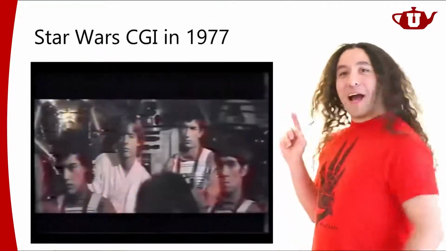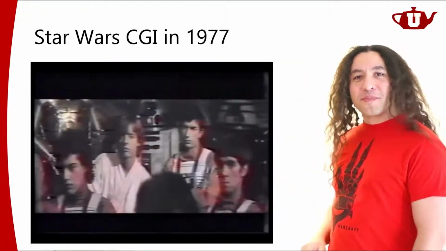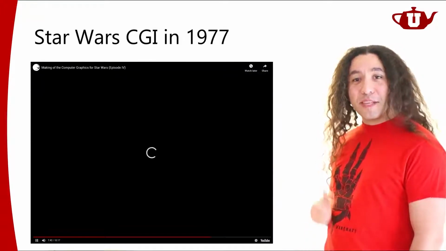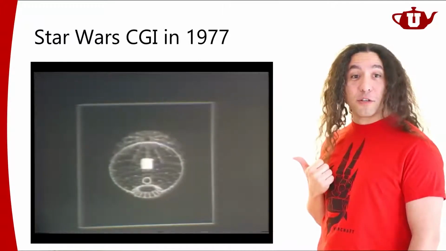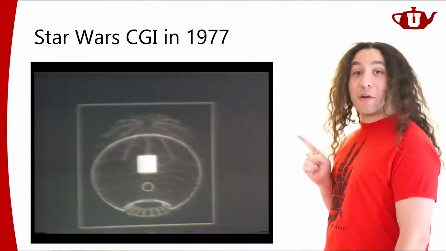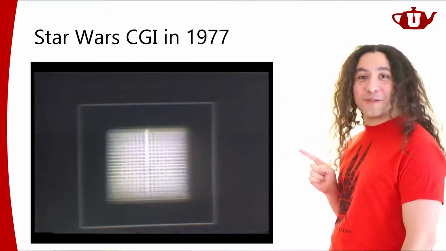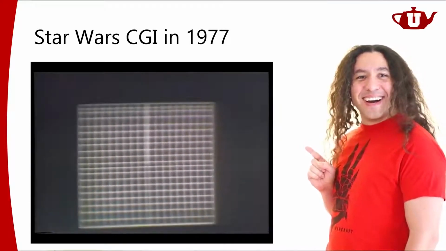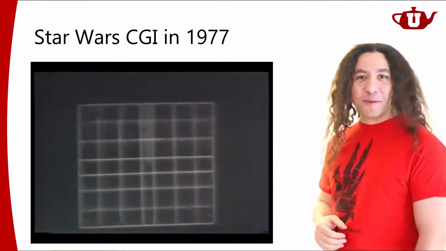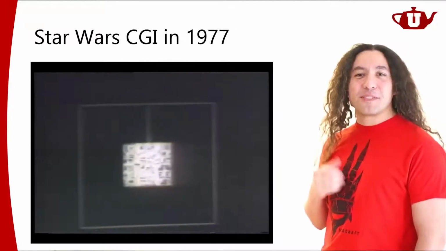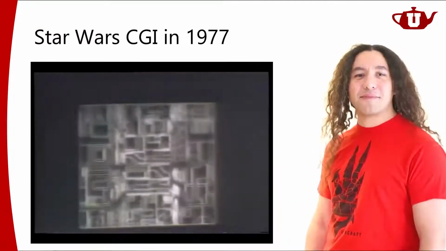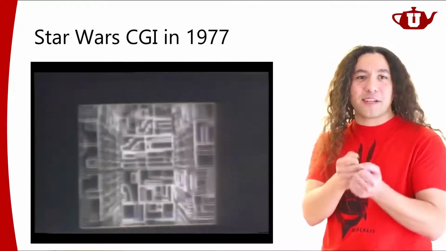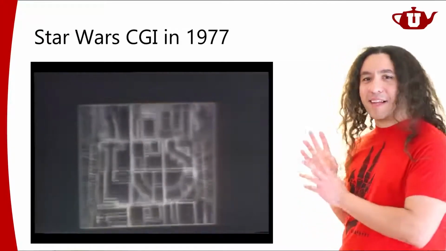All right, so you're not impressed by this. Let me tell you. Two years before, in 1977, Star Wars used computer-generated visual effects. This is the computer-generated visual effect used in the Star Wars movie, the first Star Wars movie. Pretty much everything else you've seen in that movie was actual physical stuff, all camera effects, nothing computer-generated.